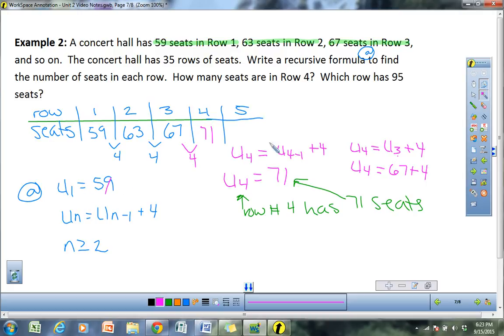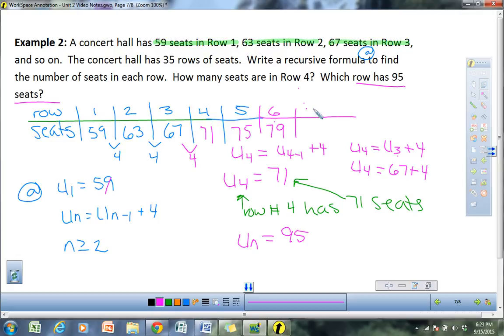Alright, and then which row has 95 seats? So now what we're saying is U sub what, or which n value, is going to have 95 seats. So at this point, I'd probably continue my table, and you can do that in your calculator, or you can just keep adding 4. 5 is going to be 75, 6 is going to be 79, and again, you don't have to write all of this down.